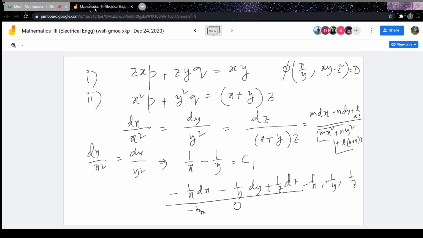So this equation is equal to 0. Integrating, dz by z, dy by y, dx by x: one will be plus, another will be minus, log of this, equals C2. Right?